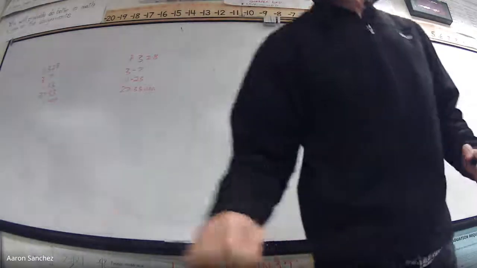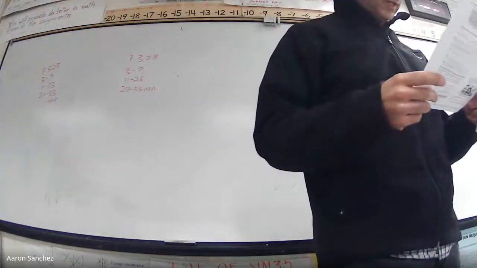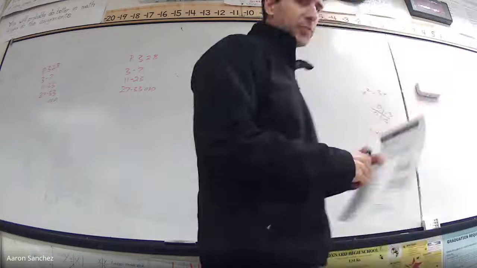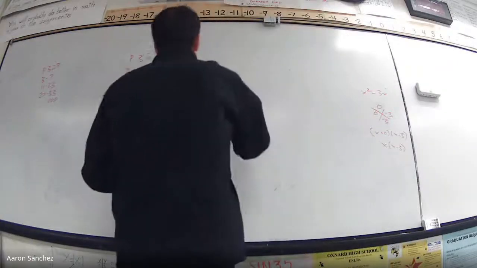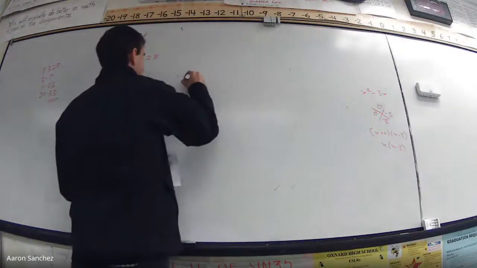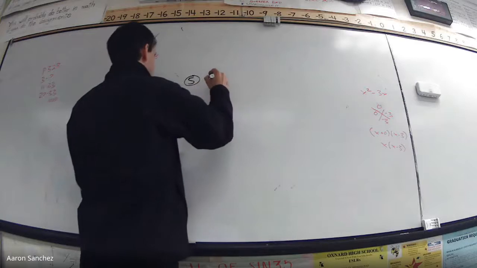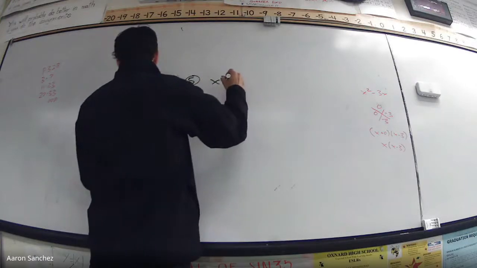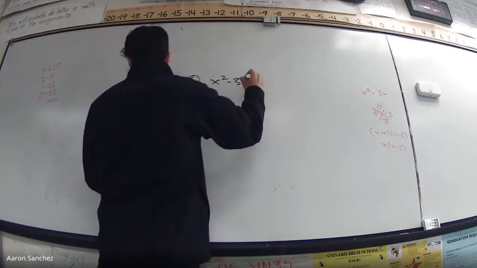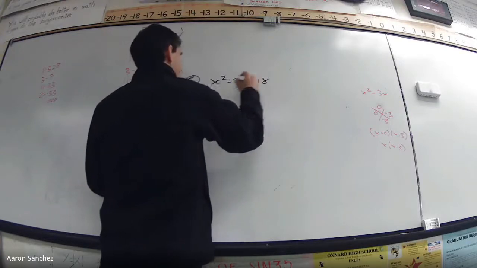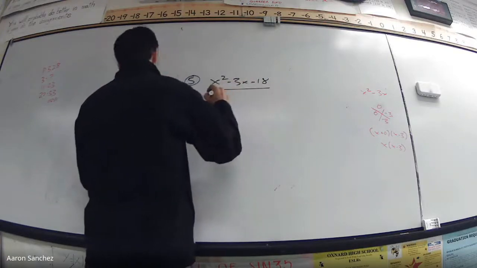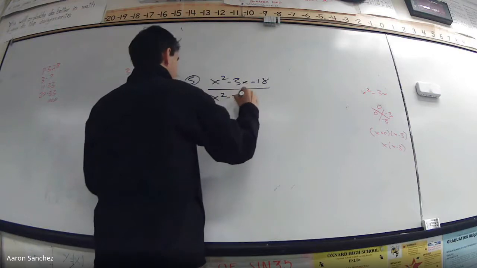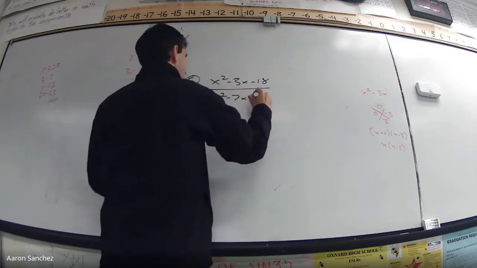Okay, let's go with number 5. Let's look at number 5. Here's 5. I have x squared minus 3x minus 18 all over x squared minus 7x plus 6.